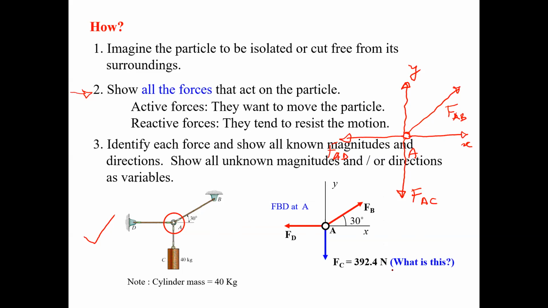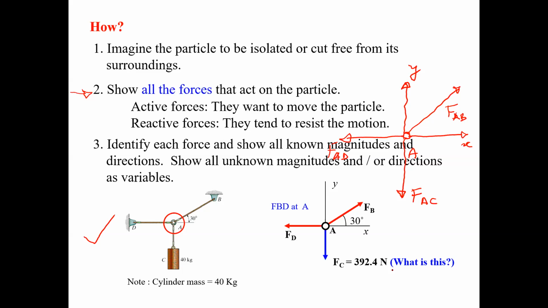Now, third step, identify each force and show all known magnitudes and directions. Show all unknown magnitudes and directions as variables, all right? We already did that in our second step. We represented these forces with FAB, FAC, and FAD, right? Here they have done FB, FC, and FD, but it's the same thing.